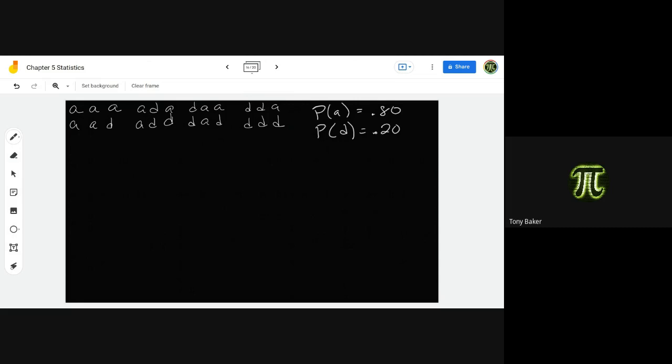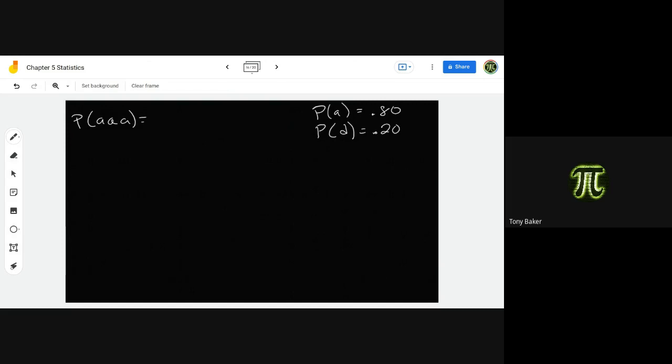So when we're looking at this, we can now work out the combinations of all of these to figure out the probability of each outcome. Let's redraw this. We've got the probability of alive, alive, alive.